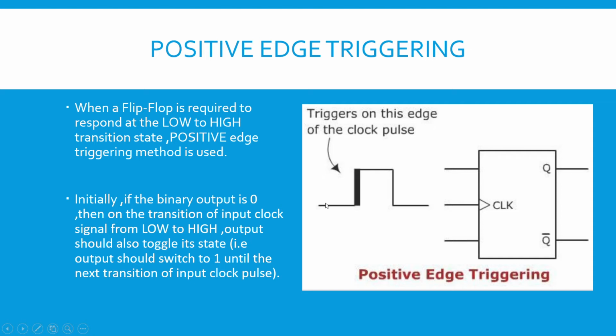So let's say this is a clock input signal; if the counter is switching its state on this edge, which means the low to high edge, then it is known as positive edge triggered. Initially, if the binary output is 0, then on the transition of the input clock signal from low to high, the output should toggle its state, which means the output should switch to 1 until the next transition of the input clock pulse comes. So we have explained the diagram.